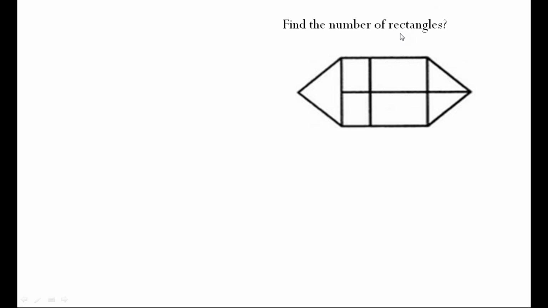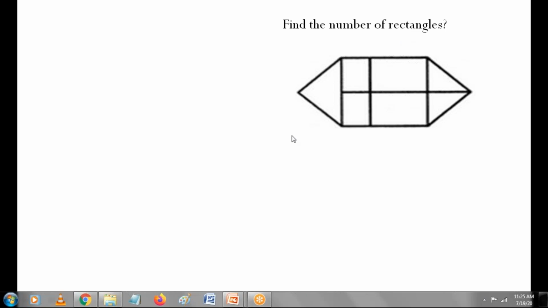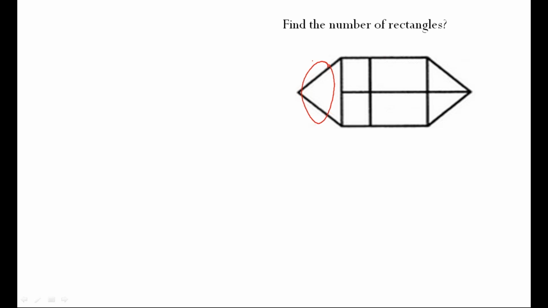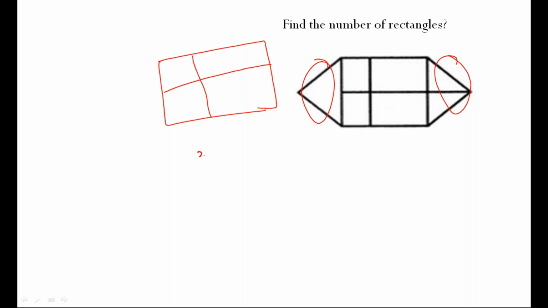Fine, 9. Guys, here they're asking the number of rectangles. Wantedly to confuse you, these are extra things we added. As you mentioned, 3 horizontal lines and 3 vertical lines, 3C2 into 3C2, 3 into 3, 9.